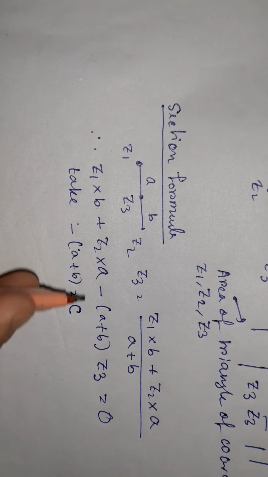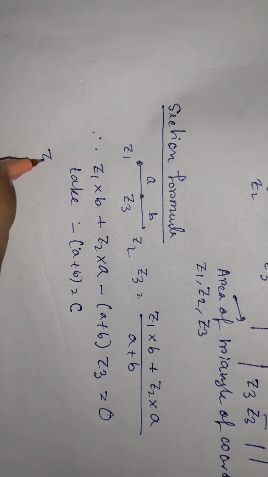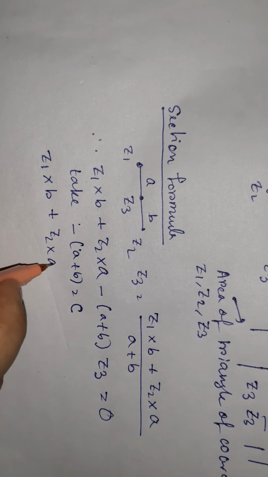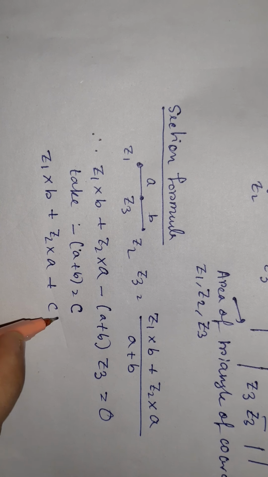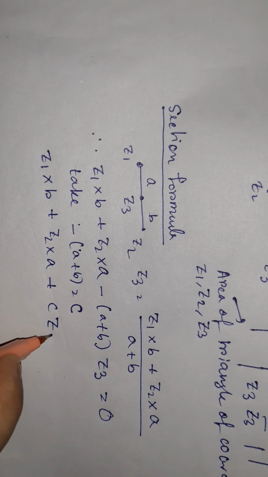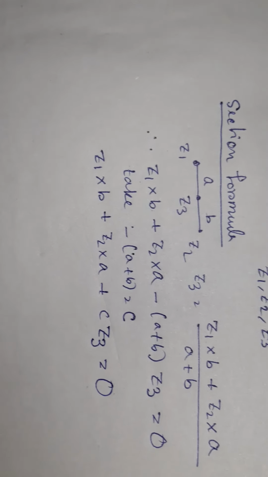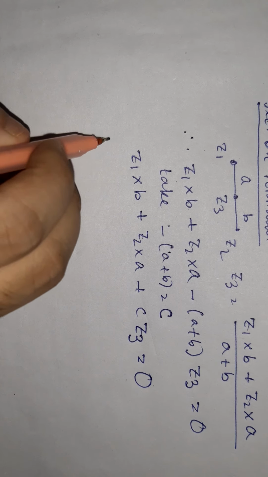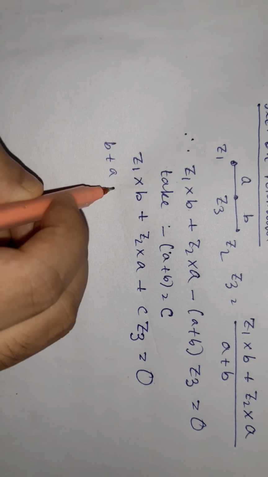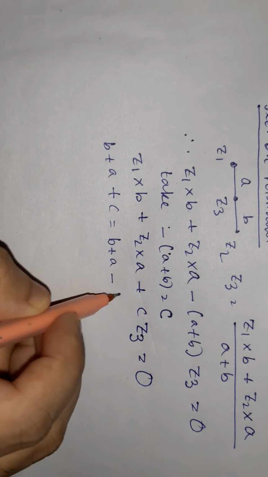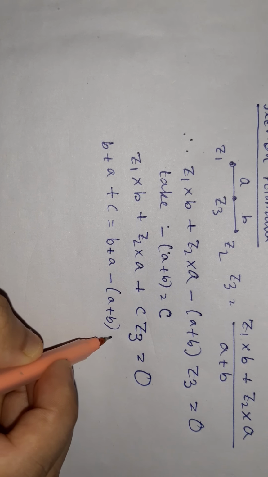So we get z1 b plus z2 a plus c z3 equals 0, and it is clearly visible that b plus a plus c is nothing but b plus a minus (a plus b), which equals 0.